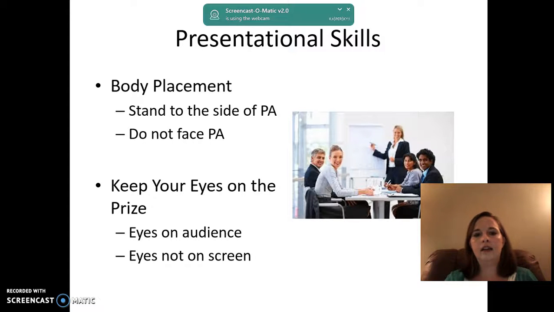The next thing that you want to keep in mind is to keep your eyes on the prize. You want to make sure that you are looking at your audience primarily and not at your presentational aid, whether that be the poster, the Prezi, or the PowerPoint. You want to make sure that you are focused on your audience because it's all about the audience.